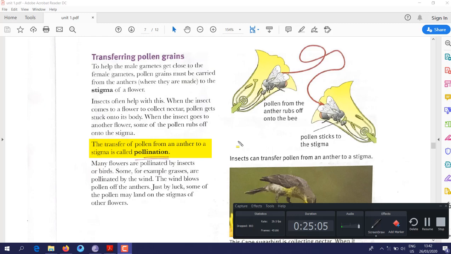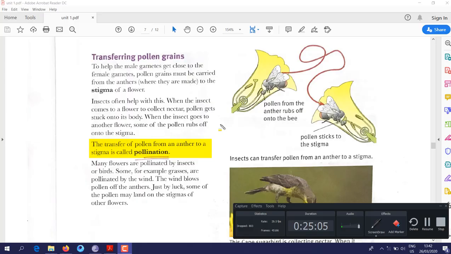Here, when a bee sits on a flower, some of the pollen will stick to its body. Then when this bee moves to the other flower, some of the pollen will be transferred to the next flower. So this is the first example. The second example is wind. Pollen is tiny, small and light, so it can be pushed by air.